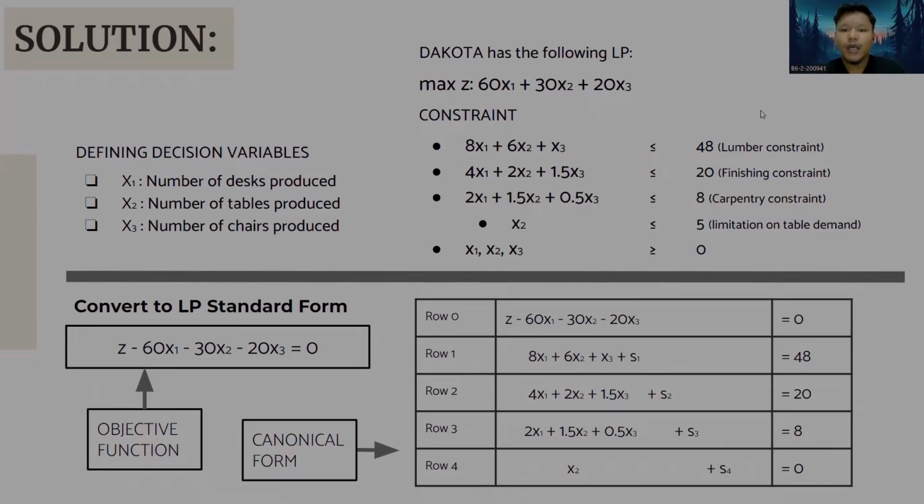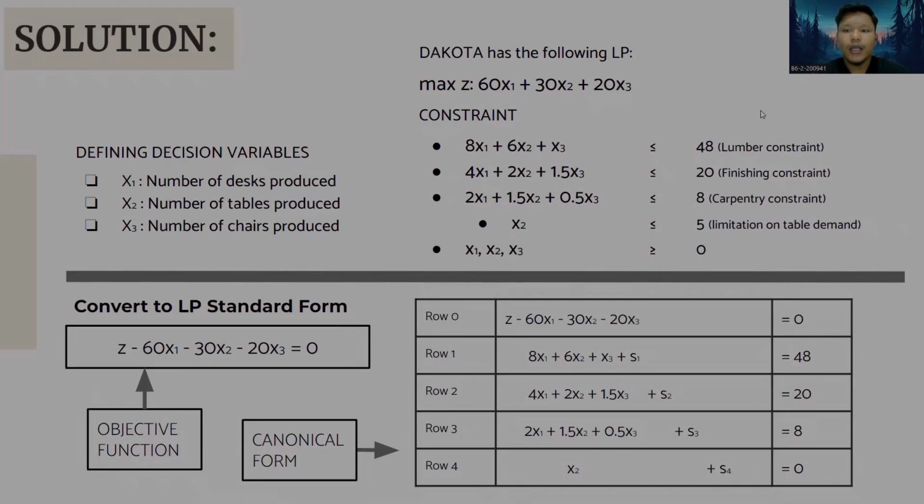Another constraint is x2 less than or equal to 5, because the question states that at most 5 tables, x2, can be sold in a month.